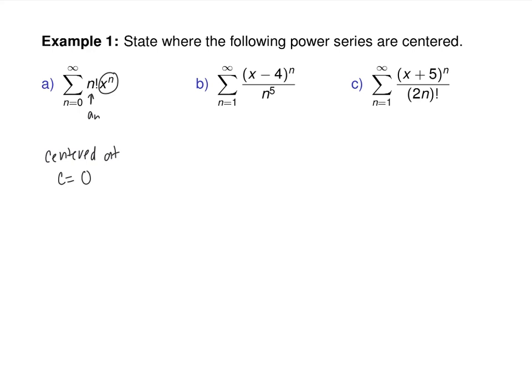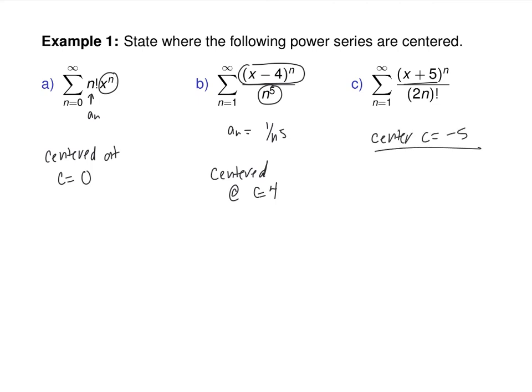This one, the whole over n to the 5th, tells you the a sub n's are 1 over n to the 5. And the x minus 4 tells you that the center is at 4. So centered at c equals 4. And similarly here, this thing is centered at c equals -5.